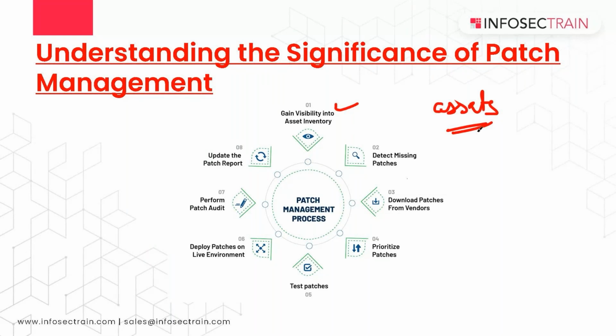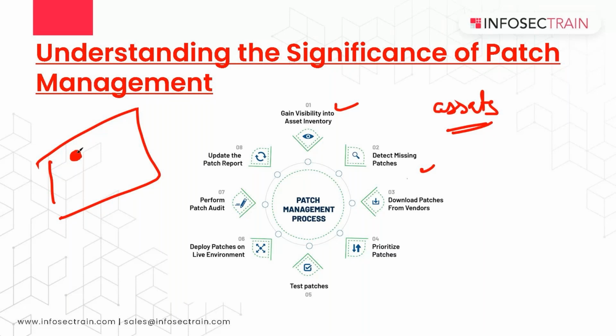Then after that, we are going to detect the missing patches. Let's say this is an asset inside the organization and it has a vulnerability. We will try to identify this vulnerability.